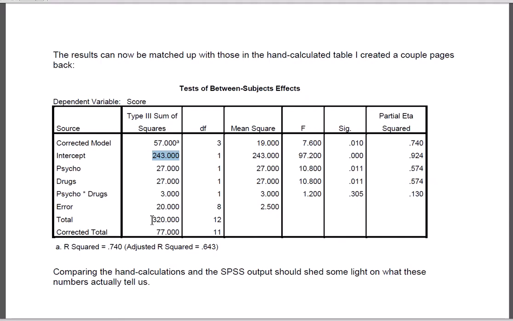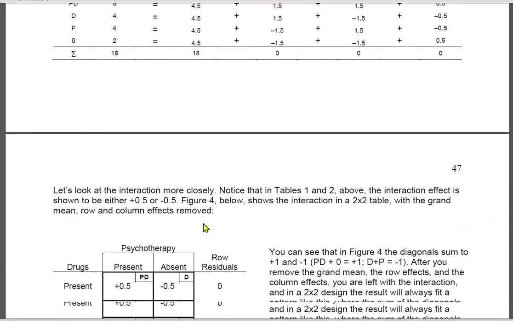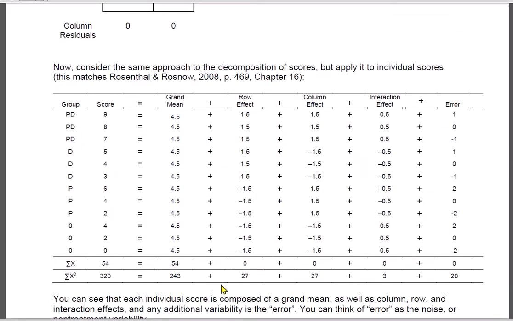Take the 320, subtract the baseline, and what you're left with is the part that's actually attributable to the treatment effects and the non-treatment effect, the noise. So the noise is here, the error. Okay, so now let's go back here.